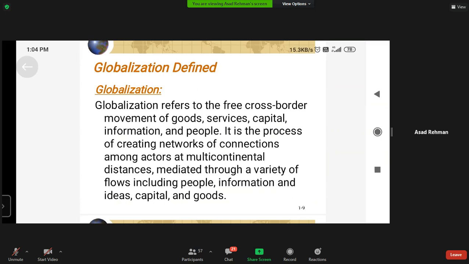where the countries, the consumers, the political leaders, the academicians, the corporations, all of them realize that coming together or cooperating with each other in business or other affairs is ultimately going to result in some common good.